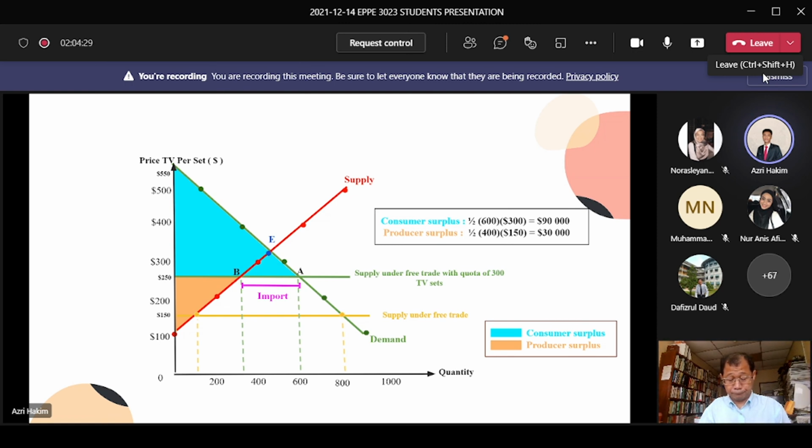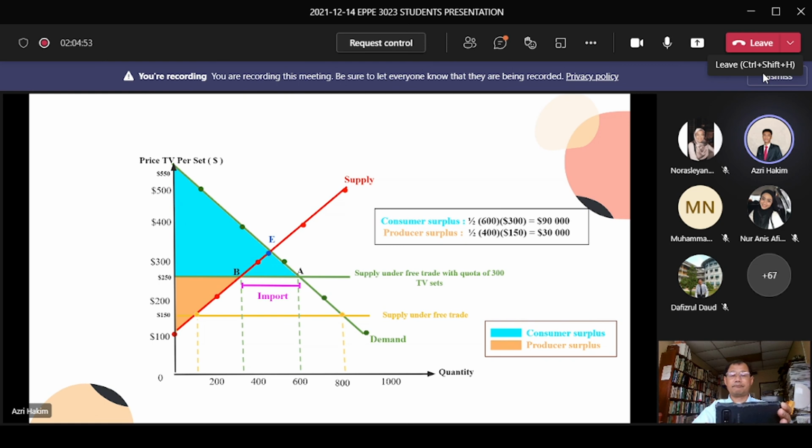In this situation, the base of the blue area is 600 and the height is 300, which is 550 minus 250. So the total surplus of TVRA consumers is 90,000. We can conclude that there is a decrease in the surplus of TVRA consumers of 70,000, from 160,000 to 90,000.